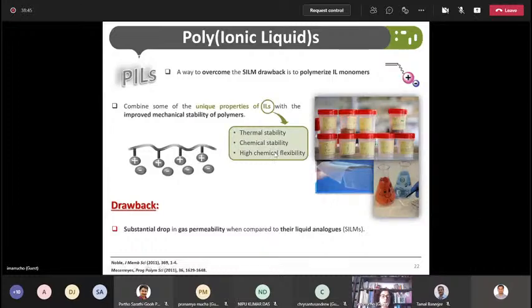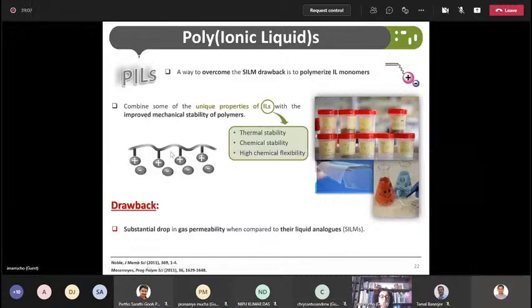The disadvantage that I have when I prepare membranes with polymeric ionic liquids is that now I have a solid. And by having a solid, I have a substantial drop in the gas permeability when I compare it to supported ionic liquid membranes.